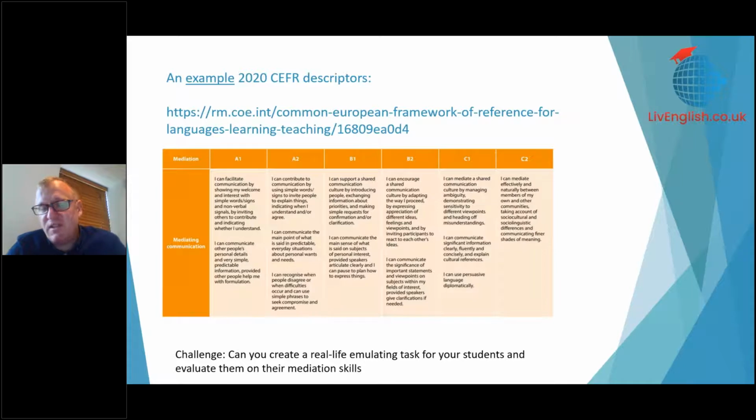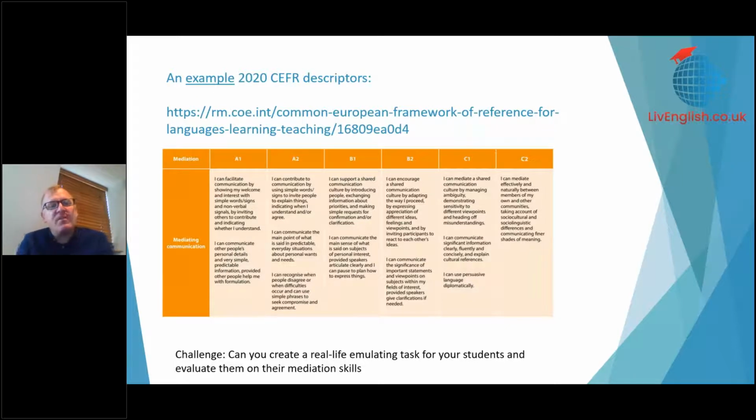So a very detailed, very precise, very nuanced ability to mediate language between communities, having cultural awareness and understanding of different cultures and sociolinguistic approaches. Versus an A1 where you say, I can facilitate communication by showing my welcome and interest with simple words, signs, so, you know, just waving your hand, saying hi, welcome in, very, very basic language.